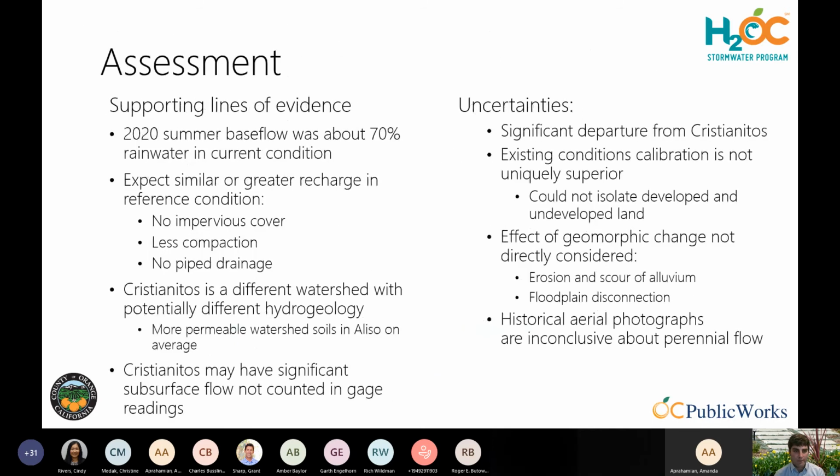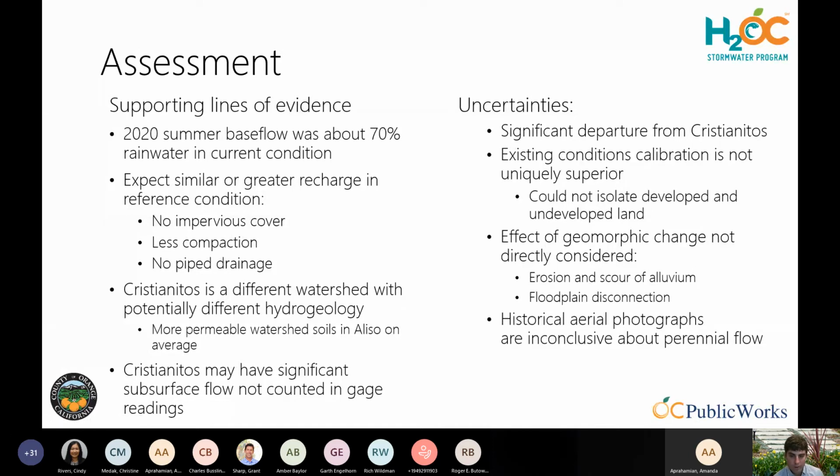I think I've just gone through the supporting lines of evidence. I don't think I need to cover these because I've already done it. One of the points I'll make here on the uncertainties is that there has been a lot of geomorphic change in Aliso Creek.